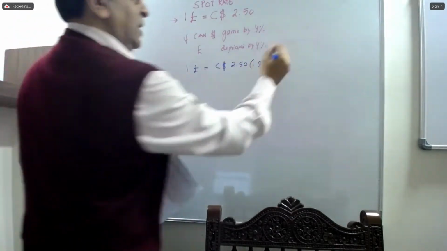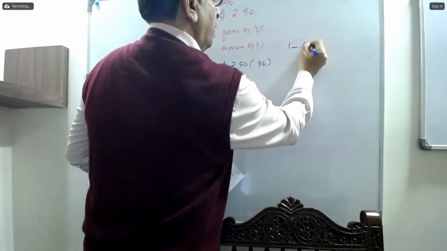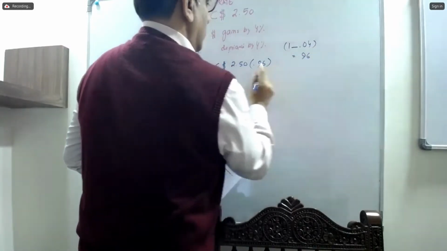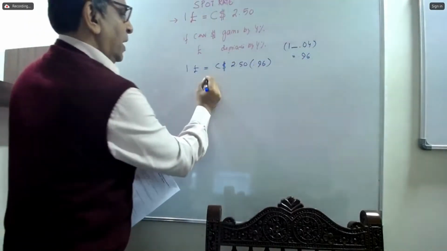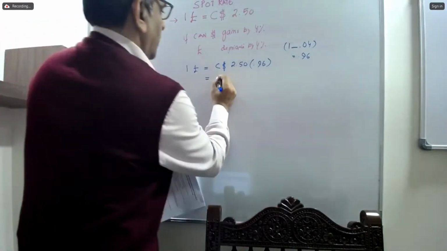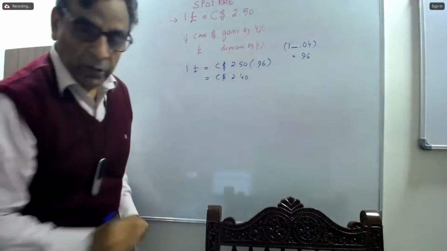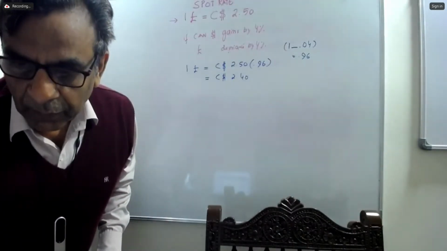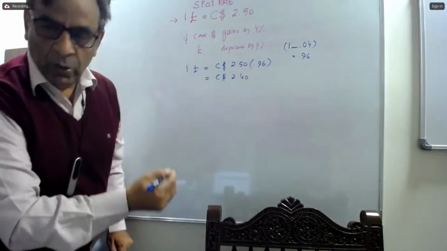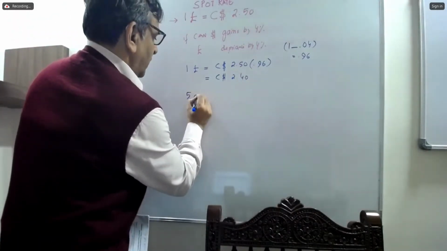It is like this: 1 minus 0.04, which is 0.96, isn't it? So we can just write like this and recalculate my rate. Which will be Canadian dollar 2.40, okay, fine.